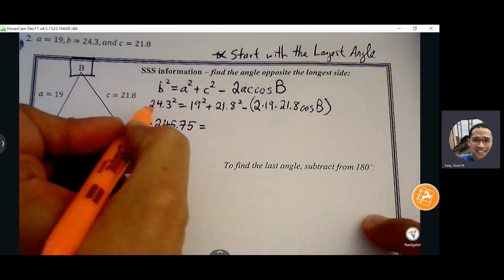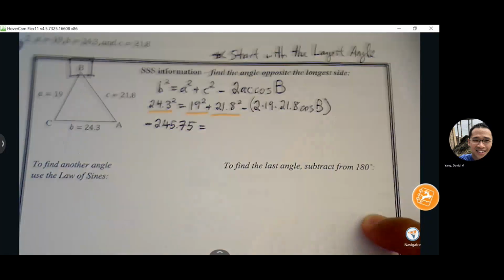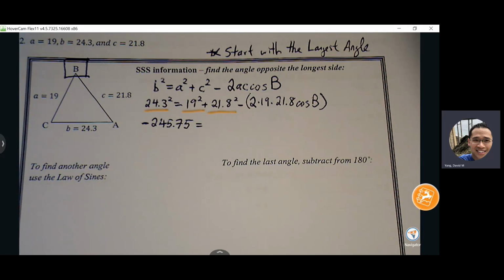So I start off by just taking care of these 3, putting them all together, moving it to one side.